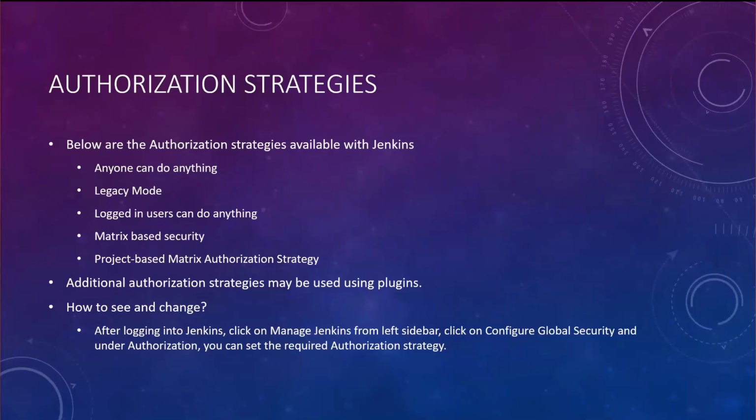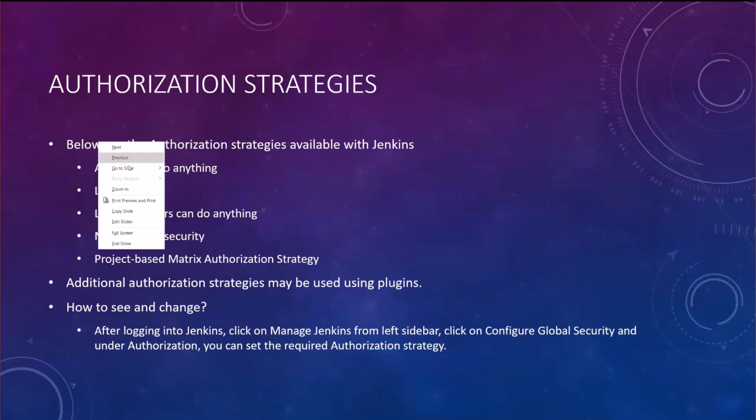And if we need more customized security, then we have matrix-based security as well as project-based matrix authorization strategy. And additional authorization strategies may be used using plugins. How can you see and change it? Go to Manage Jenkins, go to Configure Global Security, and under authorization, you can set the required authorization strategy.